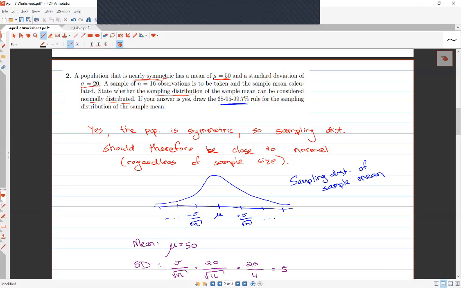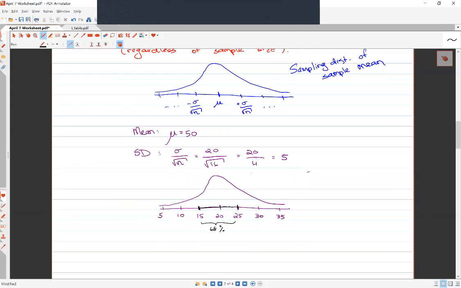So what this tells us is if someone goes and takes a sample from this population, they have a population that's symmetric, has a mean of 50 and a standard deviation of 20, and they go and take a sample of size 16 and calculate the sample mean, what you know is 68% of the time, the sample mean that they calculate will be somewhere between 15 and 25. 95% of the time, it'll be between 10 and 30. And 99.7% of the time, so almost always, not quite always, but almost always, it'll be between 5 and 35.